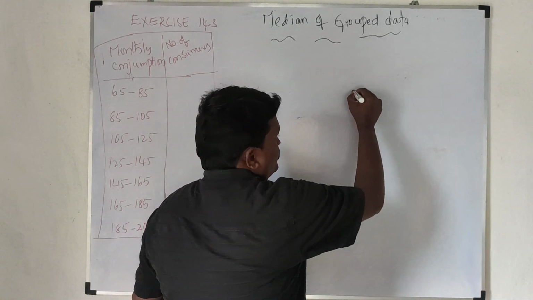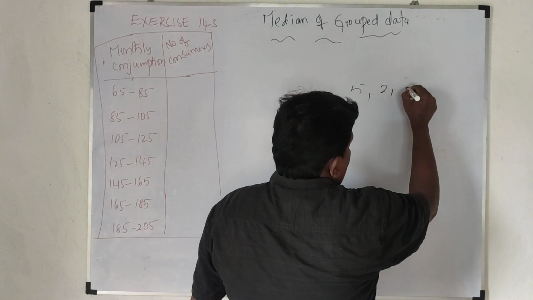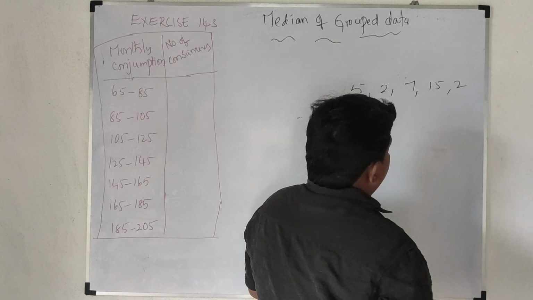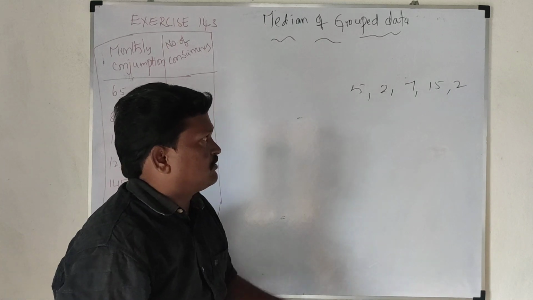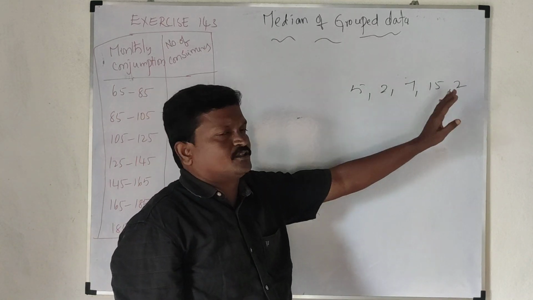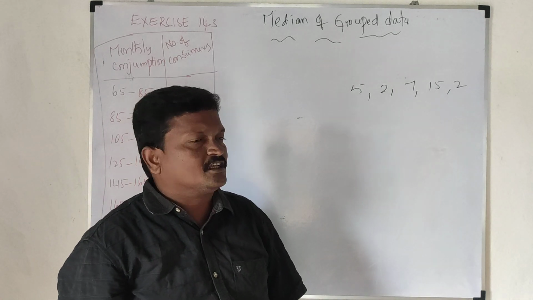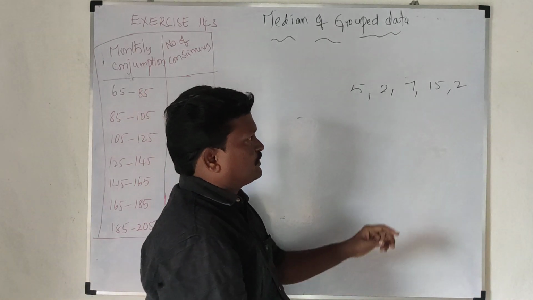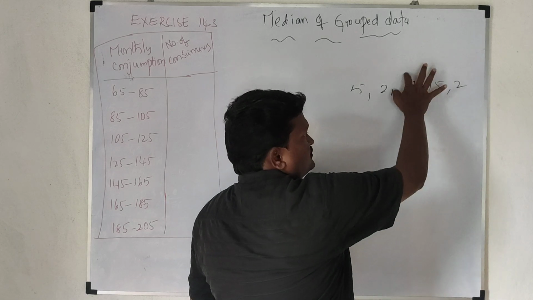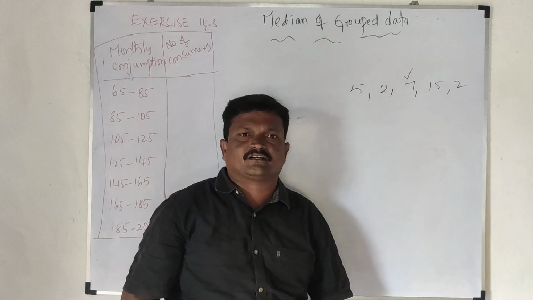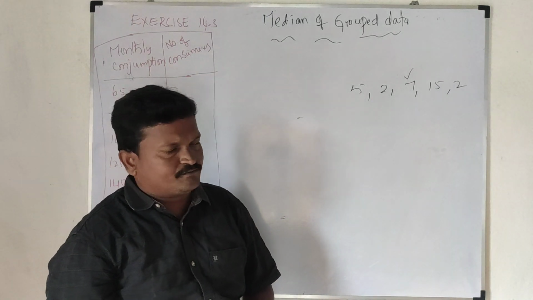For example, 5, 2, 7, 15, 2. Amongst all these observations, what will be the median? Simply we can say the middlemost value. So what is the middlemost value here? This is the middlemost value, so 7 becomes the median of this data.